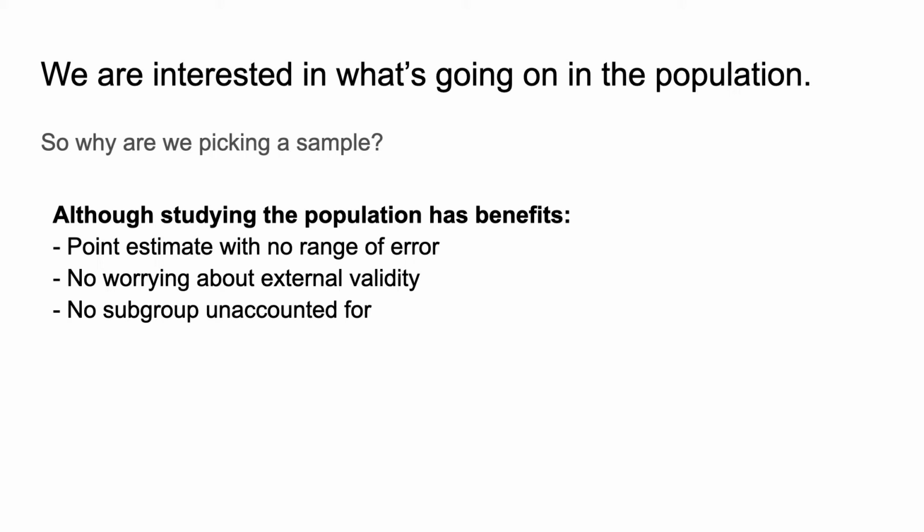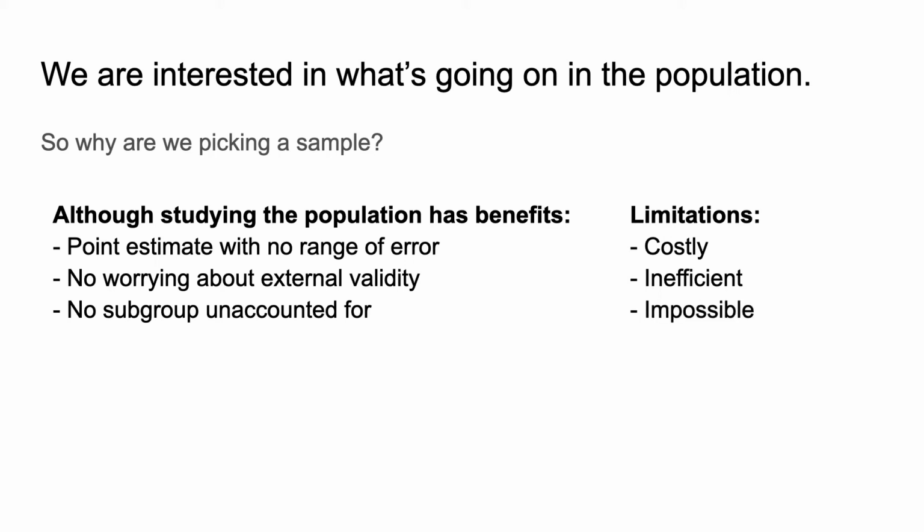But there are also limitations, and these limitations are sufficient to make us go for a sample rather than the population. Studying the entire population is extremely costly. It's extremely inefficient, because if you design your study properly, you will arrive at the right answer with reasonable certainty without having to study everyone, even a significantly smaller amount of the population.